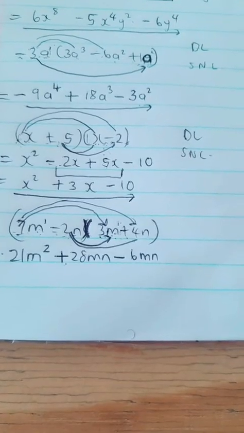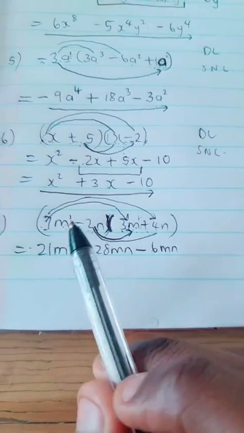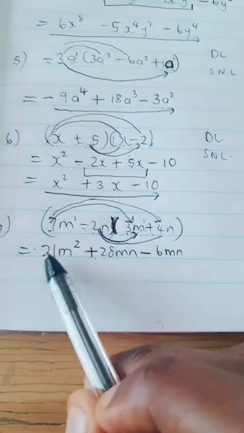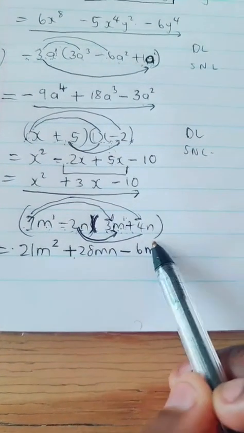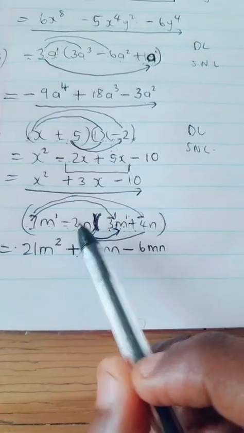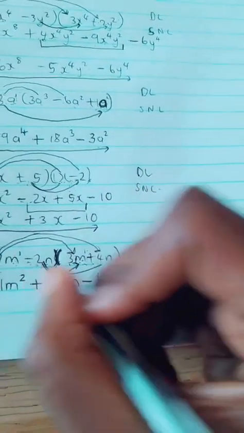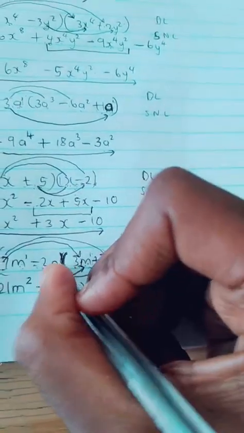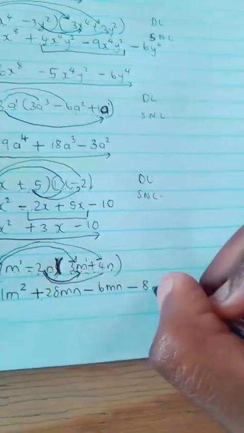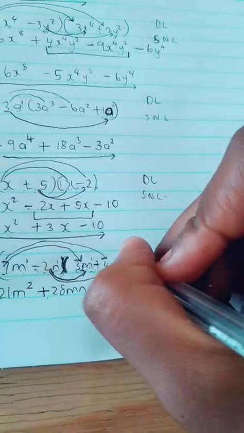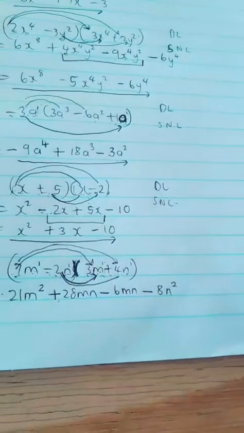Good job, Norma. Norma, you had answered at the beginning 21m, m only, not the squared. So I'm actually happy that you are catching on. It's now sign negative times a positive, negative. 2 times 4 is 8, n times n. We keep the base. The exponents are 1 and 1. Don't forget that. N to the power 2.